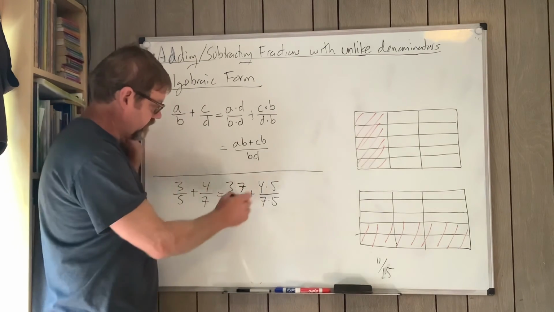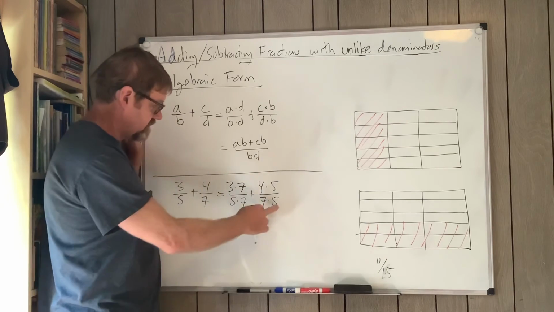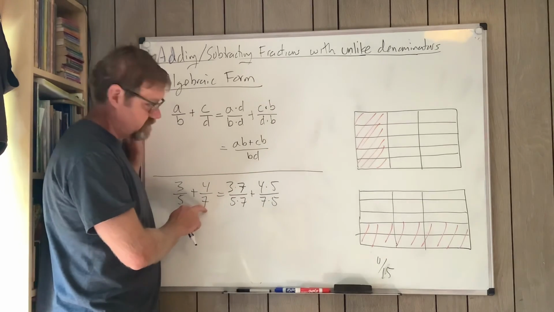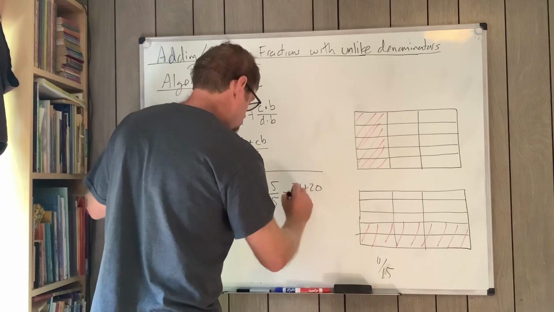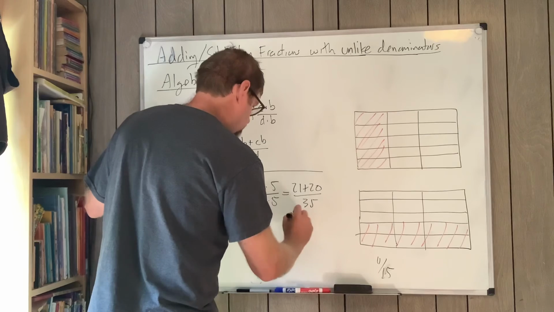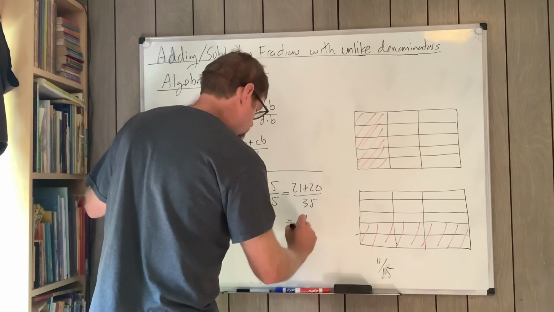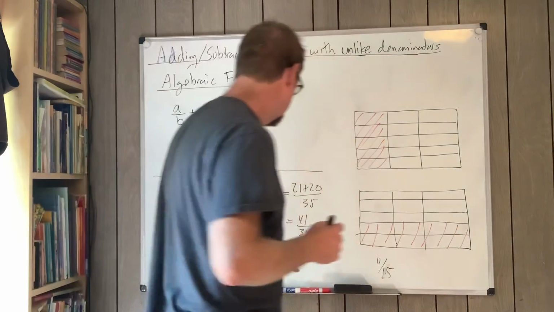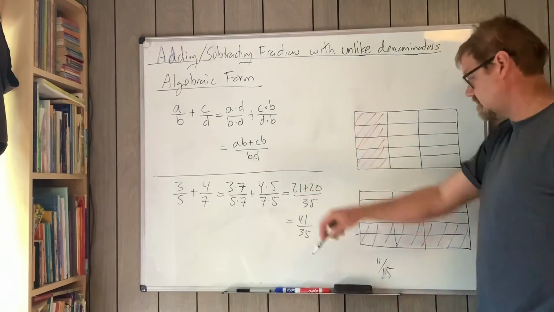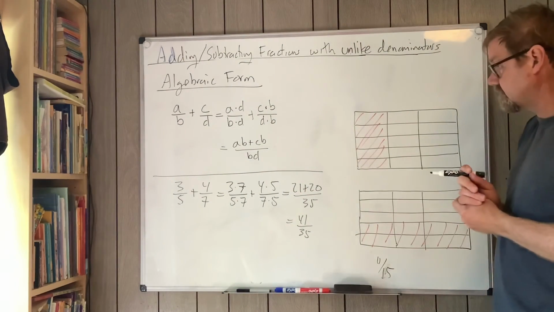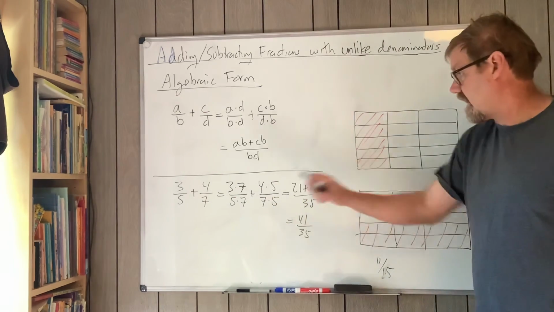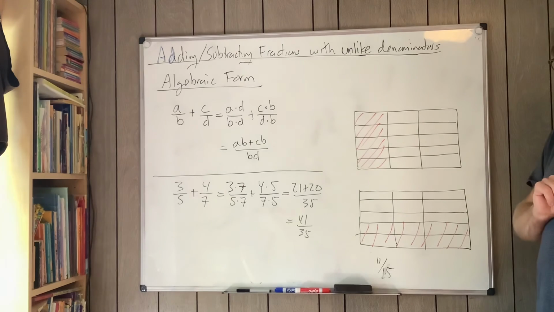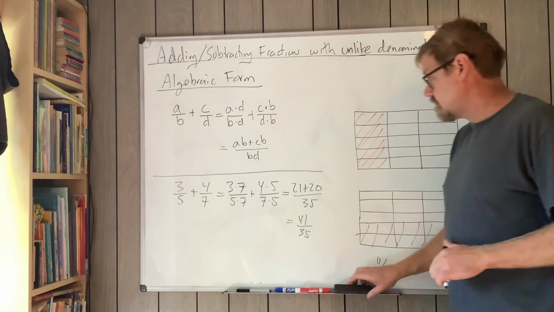So that's equivalent to 3/5, and this one's equivalent to 4/7. Then I get 21 plus 20 over 35 to give me 41 over 35. Again, this is improper, and you can turn it into a mixed number. That doesn't really matter so much. The important thing is how I add the fractions.